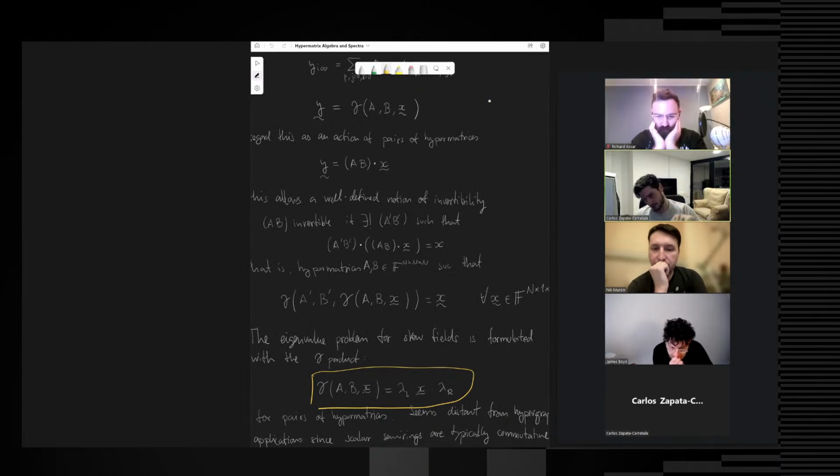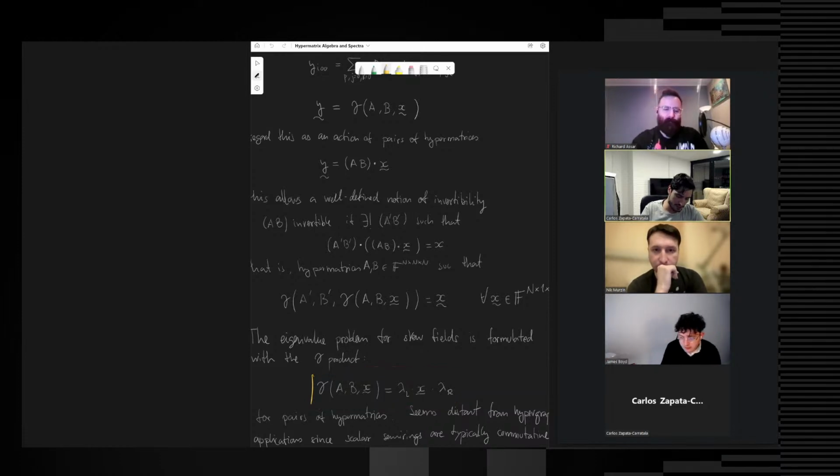So I wanted to illustrate that there are natural ways into spectral theory here. This leads us quite directly into a kind of spectral theory that is actually known, because this is non-commutative polynomials, and there's some work done, but it's not super developed. The problem is that it takes us away from hypergraphs.